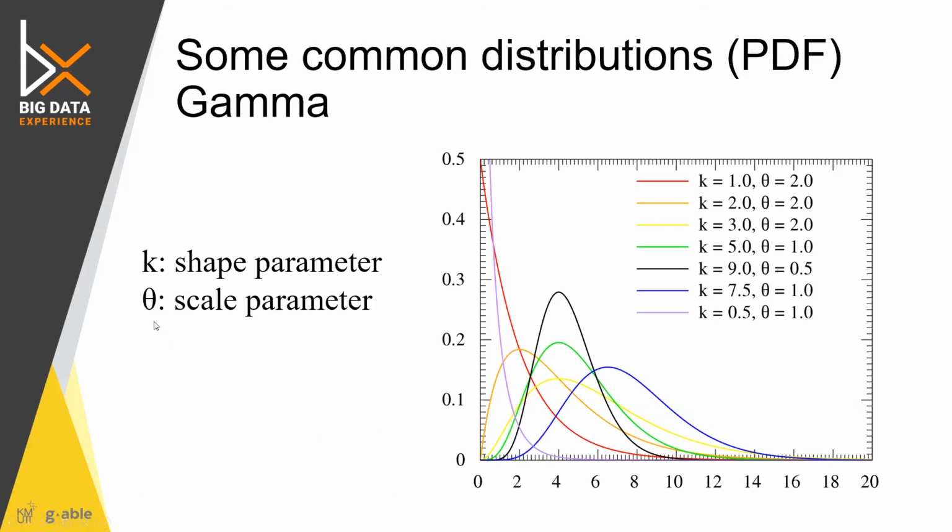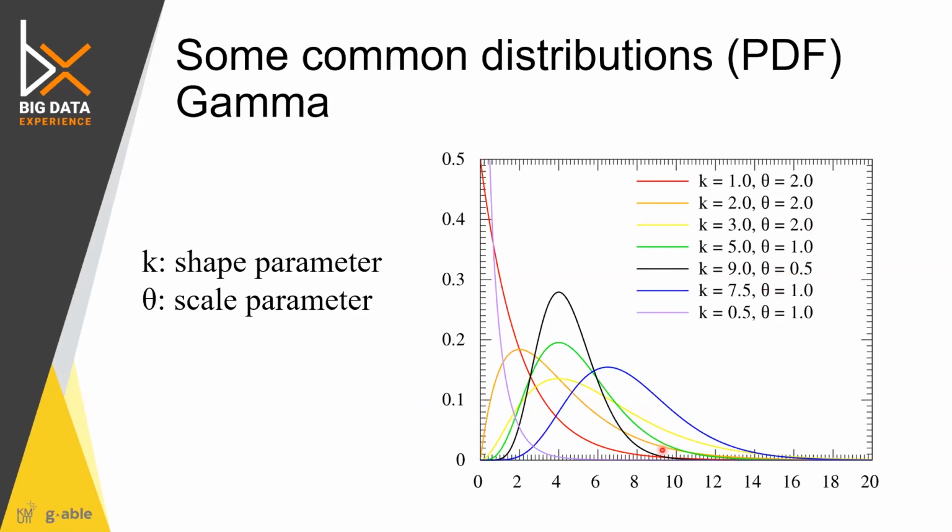Now, let's look at another parameter, the scale parameter. The scale parameter has a value equal to 2, like this, compared to the black line here, which has theta equal to 0.5.